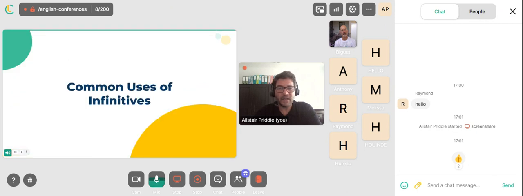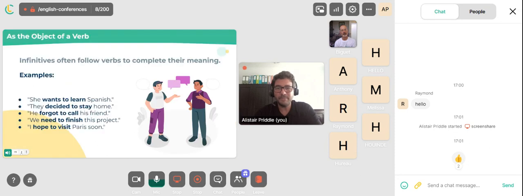Now let's have a look at some common uses of infinitives. Let's start with an infinitive as the object of a verb. Infinitives often follow verbs to complete their meaning. Here we go with some examples. She wants to learn Spanish.